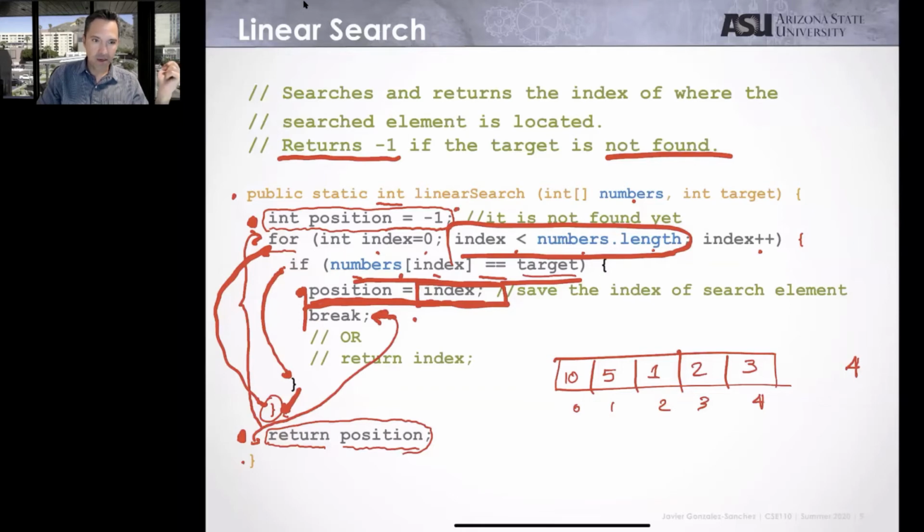Because -1 is the initial value, and because the condition was never true, the value of the variable position here never changed. 5 elements, 5 times the loop runs, 5 times the condition was executed. The break was never executed because all the conditions were false. And the return value is -1.